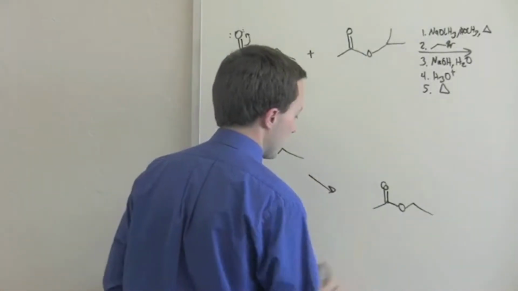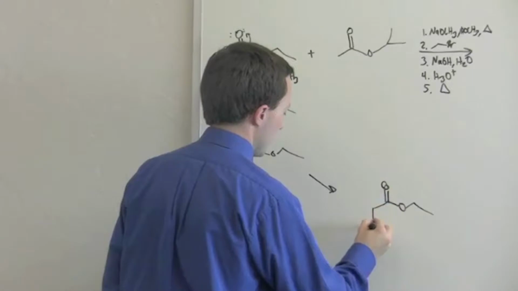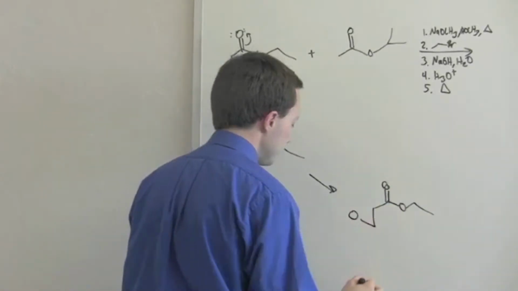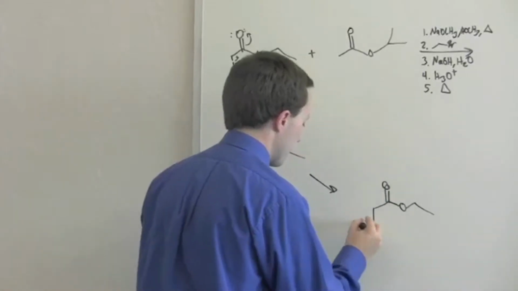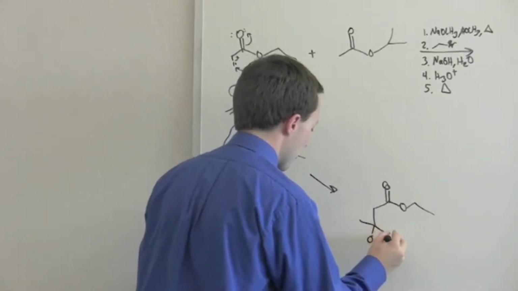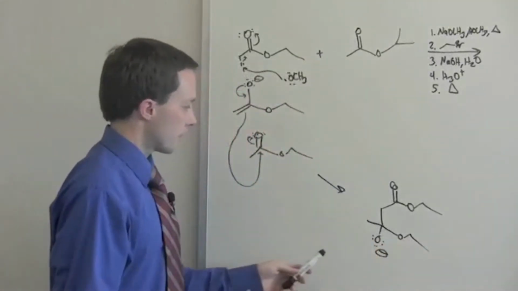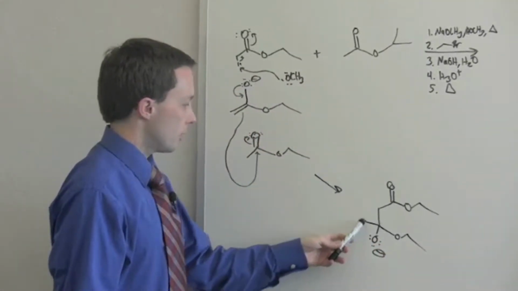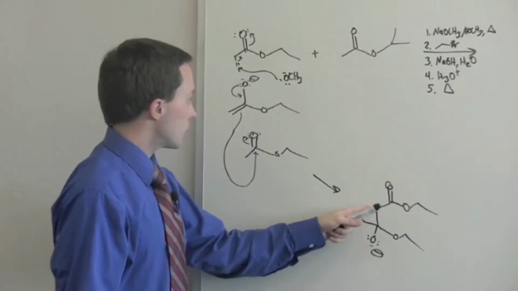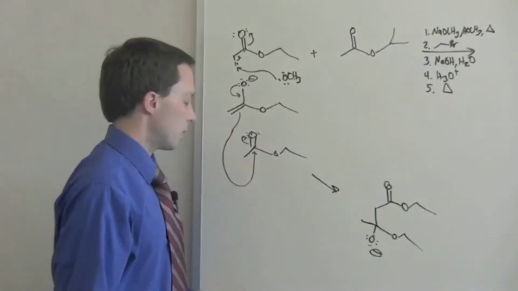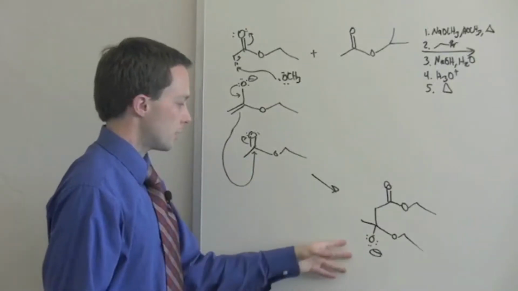Here's an example of a missing carbon. Don't do that. Okay, so here we go. Here's the bond, here's the carbon from the enolate bound now to the carbonyl carbon. And so this is what we form.